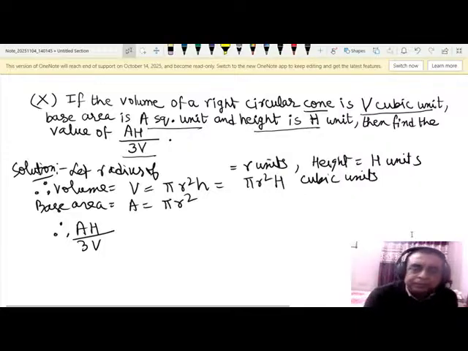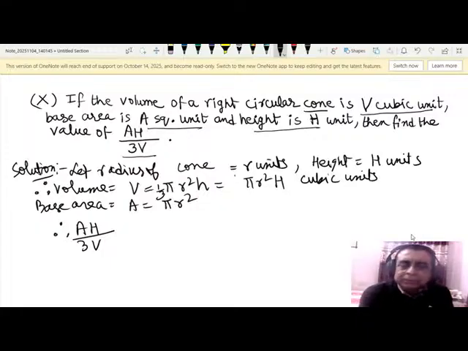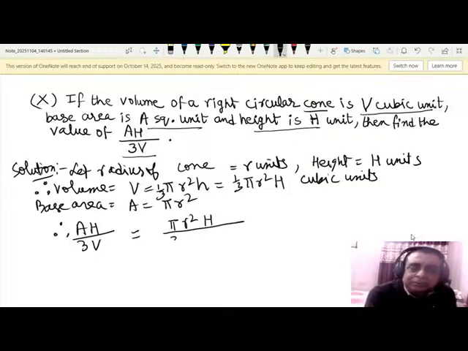So the formula is here. Cone. The radius of the cone is R units, height is H. So volume of the cone is 1 upon 3 pi r squared H. Now you put the values. A is the circular base area of the cone, pi r squared, and H divided by 3V.